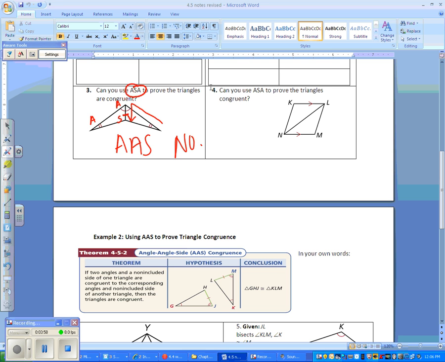Let's look at number 4. Same thing. Can you use ASA to prove the triangles are congruent? Well, I know that this is going to be congruent to itself by the reflexive property of congruence. Remember, we're going to be using the reflexive property a lot. And we also have parallel lines. Whenever we see parallel lines, I want you to immediately think alternate interior angles.